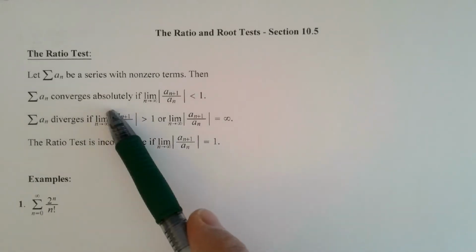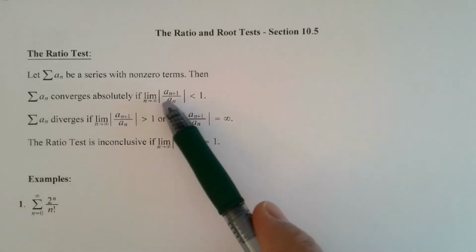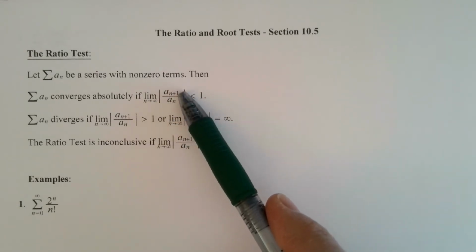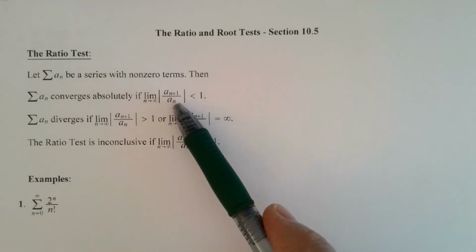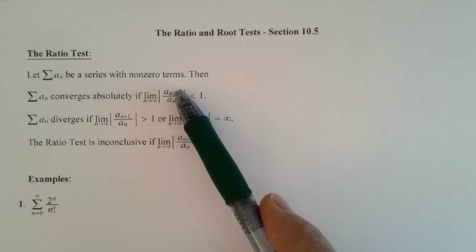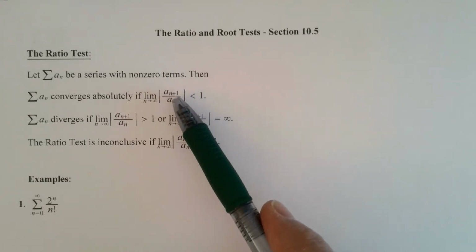So this series converges absolutely if what? The limit as n goes to infinity of the absolute value of a sub n plus 1 divided by a sub n. So this is basically the n plus 1 term divided by the nth or previous term, the ratio of the next term in the series divided by the previous term.